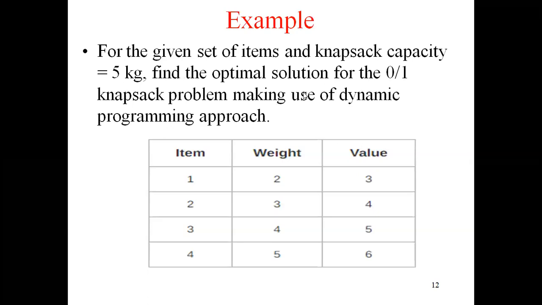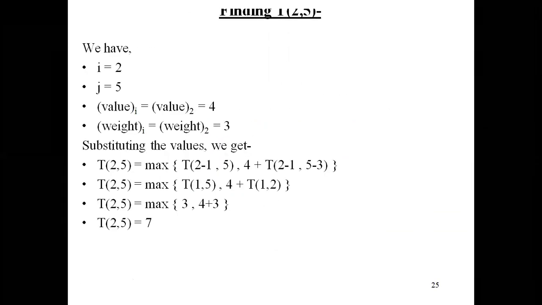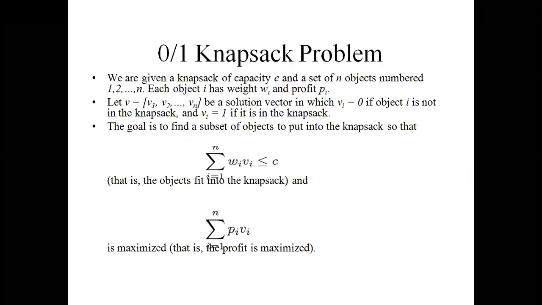Now see the example problem for easy understanding of this knapsack problem. But before going to that, we can see some other point. The 0 1 knapsack problem, we can also define as: we are given a knapsack of capacity C. Earlier we considered W, here capacity is C. And a set of n objects, numbered 1 to n, so 1, 2, up to n objects.